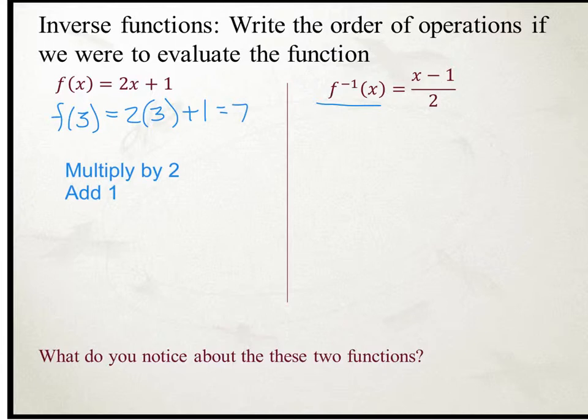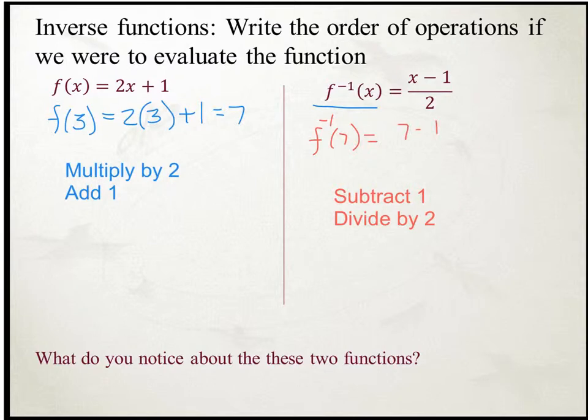So this time I want to think about plugging in 7. And if we're going to evaluate the inverse function at 7, what would we do and in what order would we do it in? So the first thing that we would do is subtract 1.